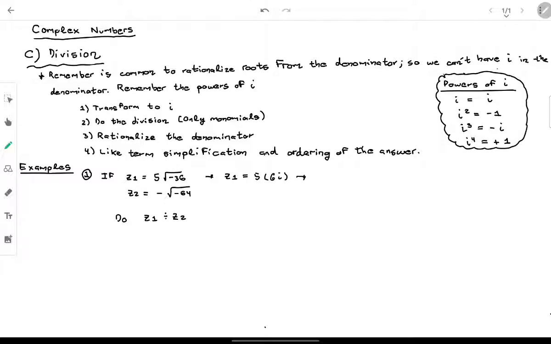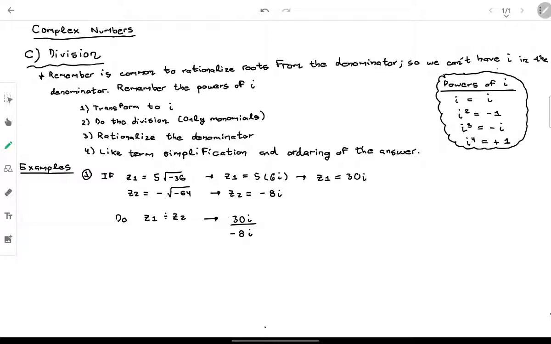So in this case, C1 is going to be 30i. C2 is going to be minus 8i. It says we need to do the division between C1, that is 30i, divided by minus 8i.